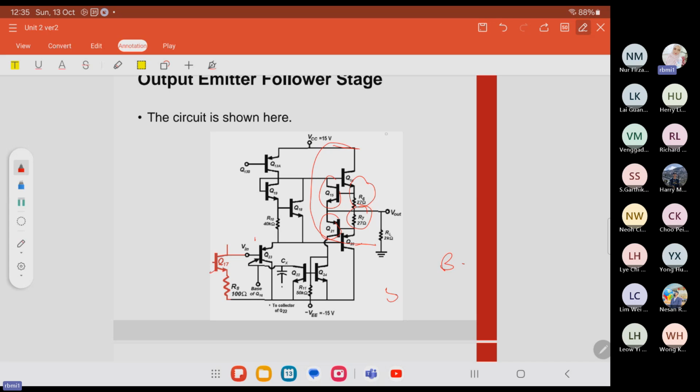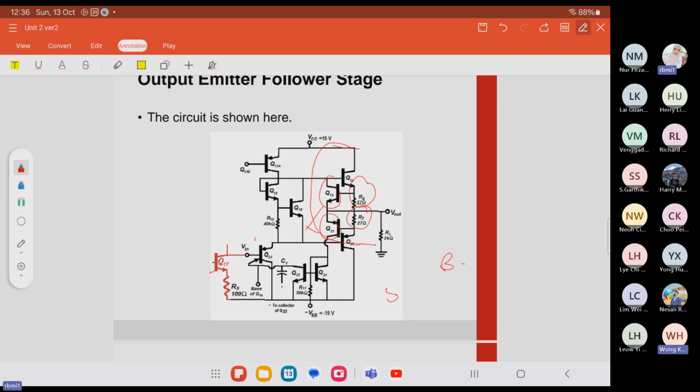When the emitter current of transistors Q14 and Q20 is more than 20 milliampere, the voltage developed across the base to emitter of Q15 and Q21 will be sufficient to turn on Q15 and Q21.